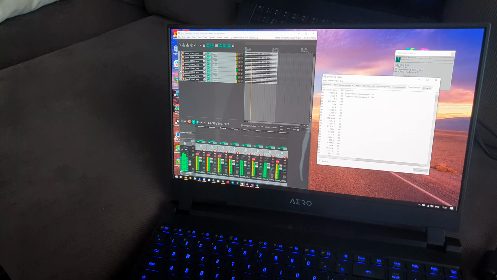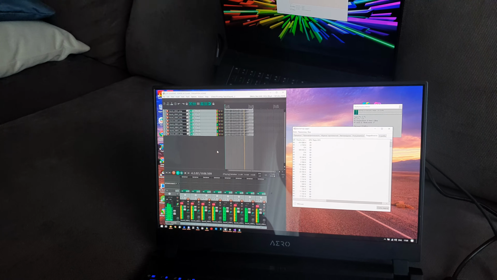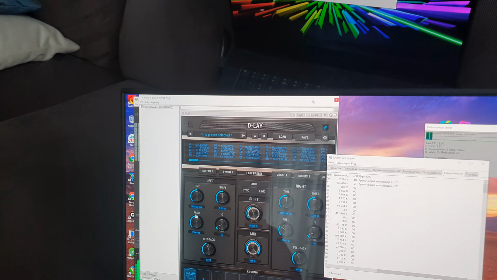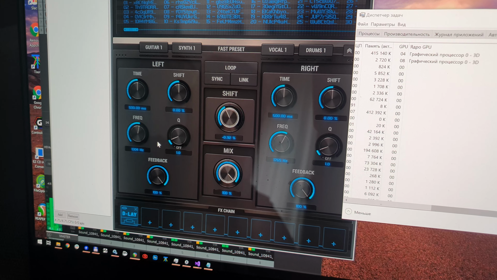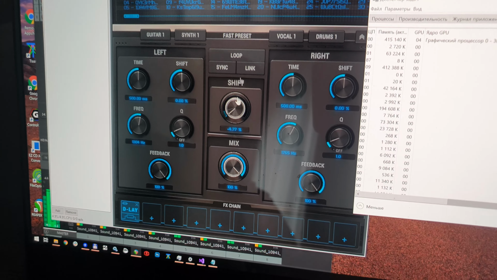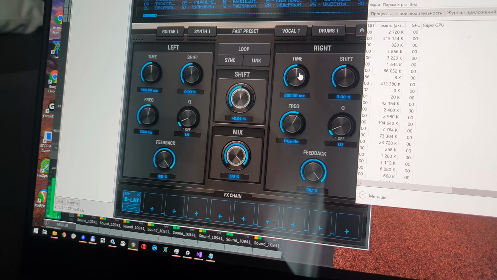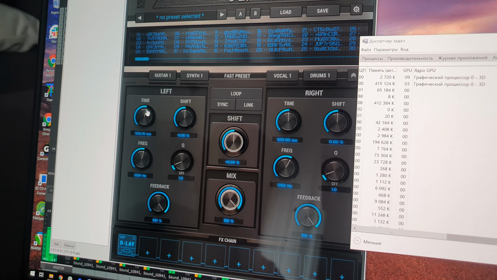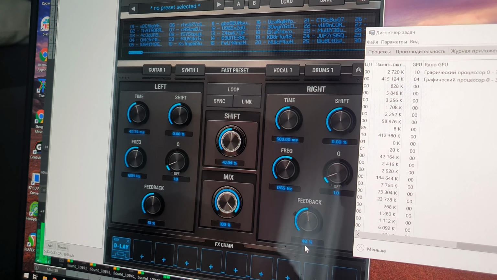So could you please open any UI and hear the sound changes? So first of all, good. You can also unmute some tracks, so we maybe hear this better.